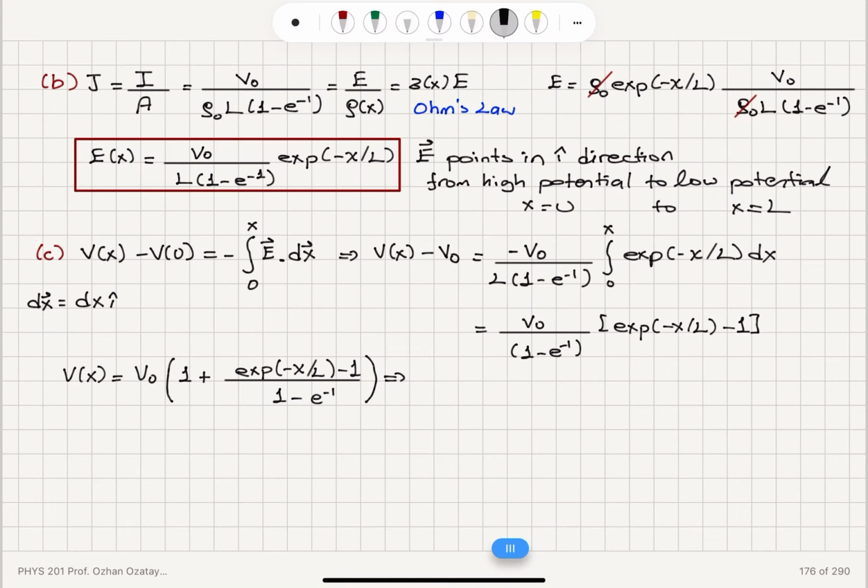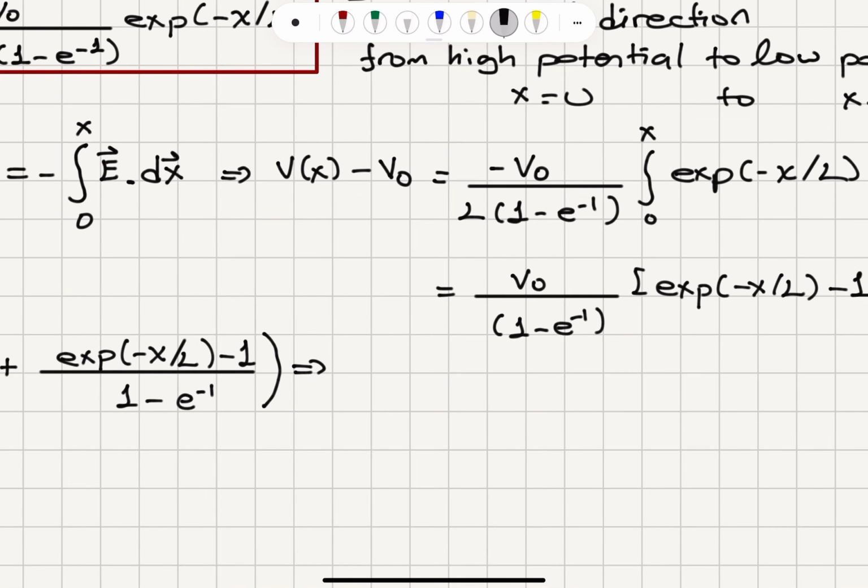The potential as a function of x is V0 times exponential minus x over capital L minus e to minus 1, divided by 1 minus e to minus 1.